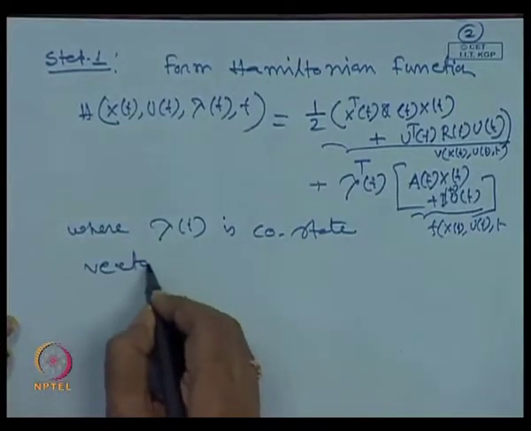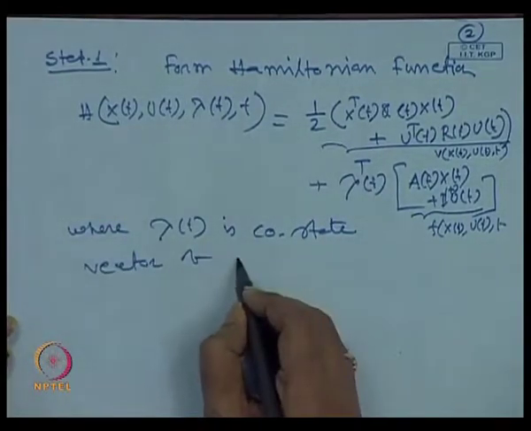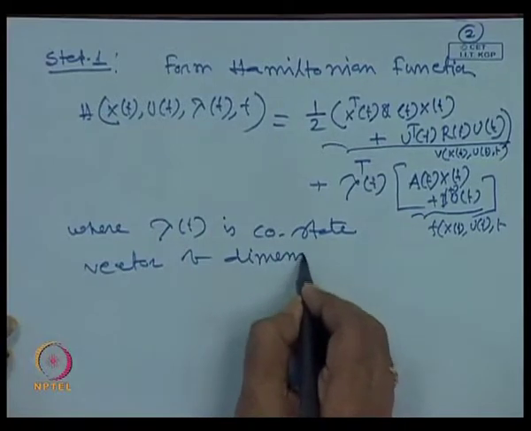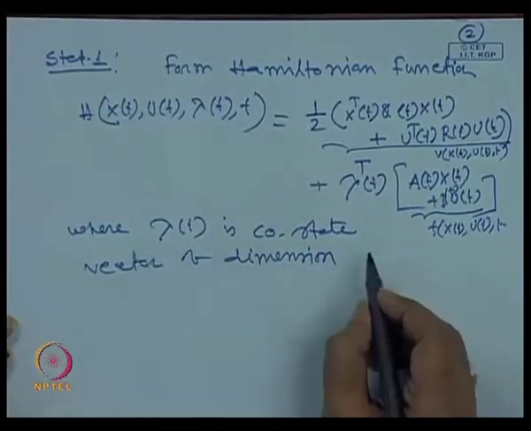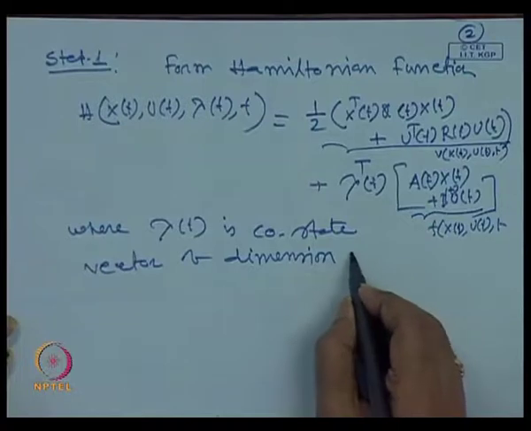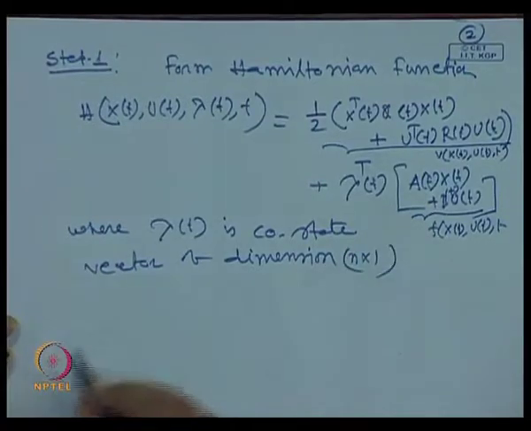co-state vector of dimension, that lambda is dimension n cross 1. Okay.